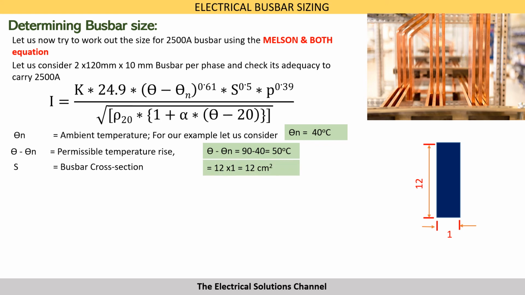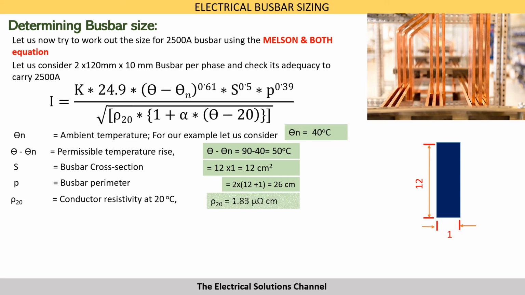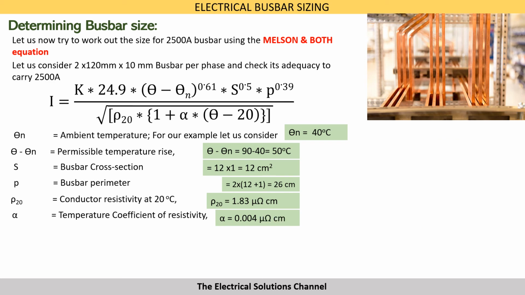P, the busbar perimeter, is equal to 26 centimeters. Rho 20, which is the conductor resistivity at 20 degrees centigrade, is equal to 1.83 micro ohm centimeter. The temperature coefficient of resistivity alpha is equal to 0.004.